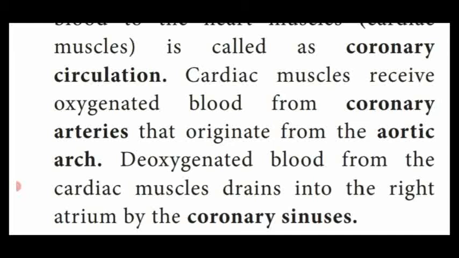The coronary arteries receive oxygenated blood, and they arise from the aortic arch. So these are all the different types of circulation seen in our body: systemic circulation, pulmonary circulation and coronary circulation.